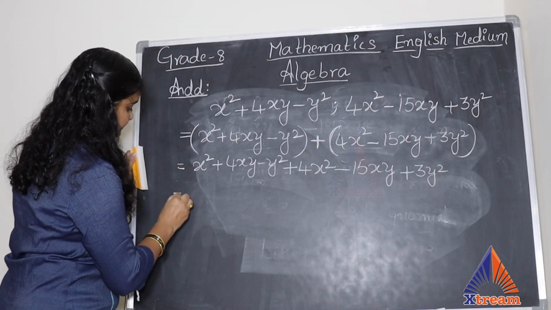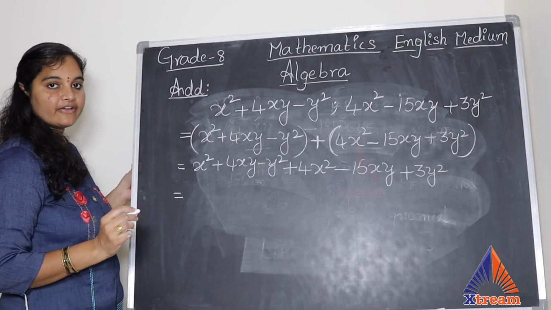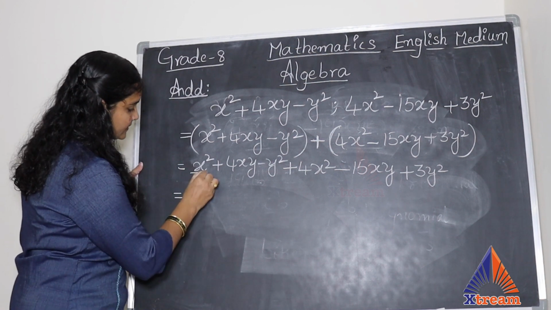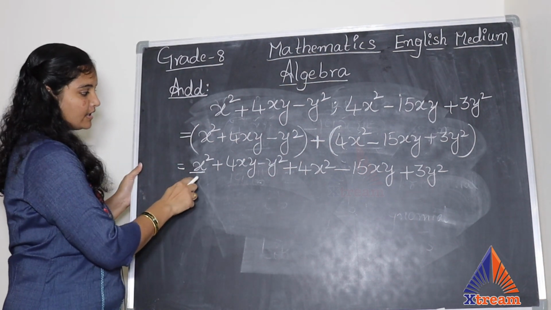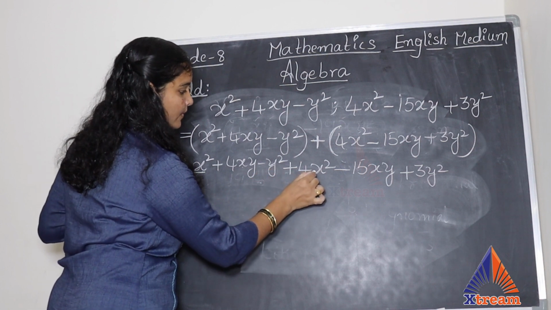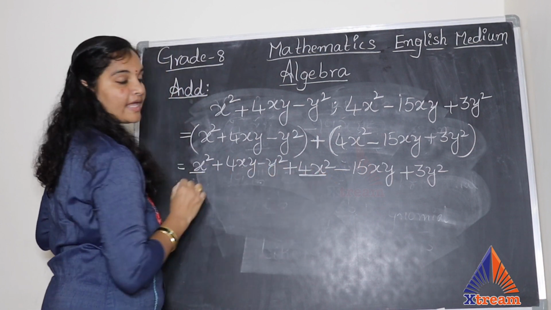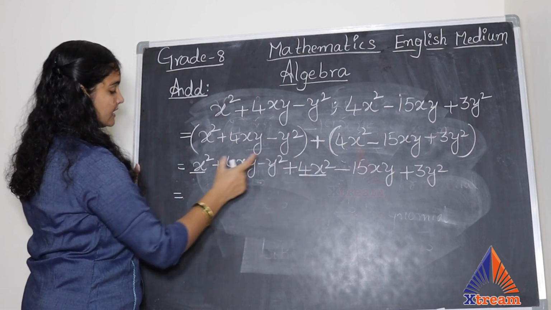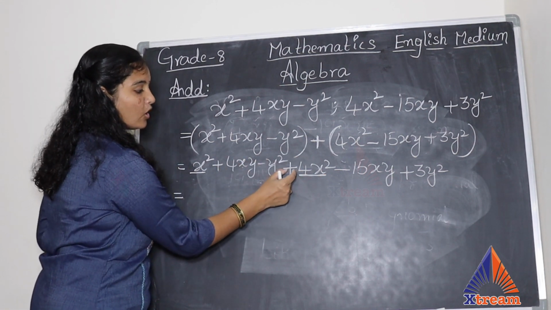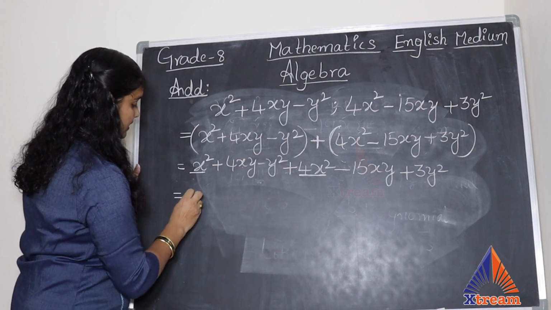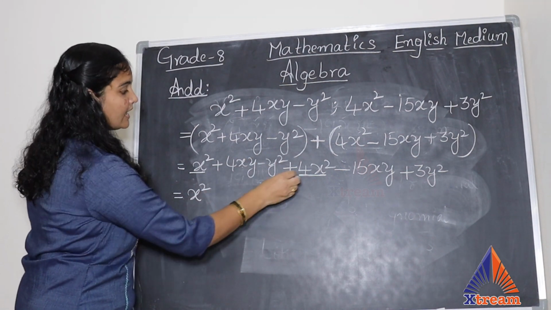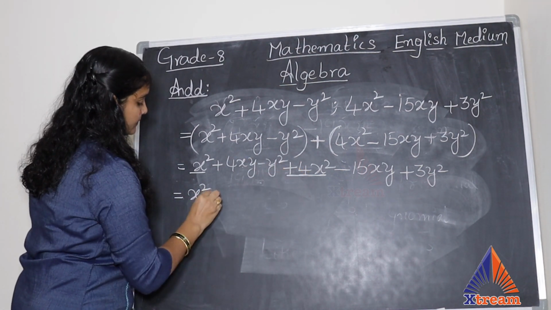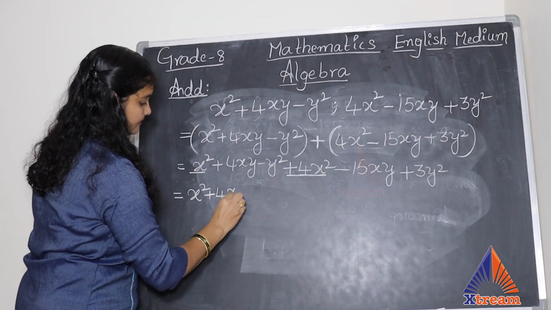Okay? Now, identifying the like terms. The first term which we have is x square. So we have to identify the x square term. Here we have x square term. Write them together. Now, when you are grouping them together, you have to group them along with their signs. So I have x square here and this is plus 4x square.